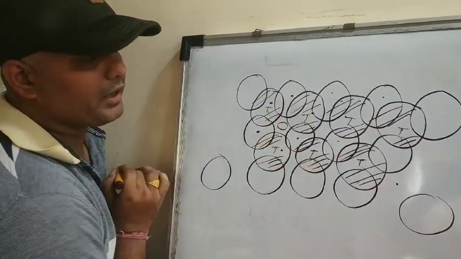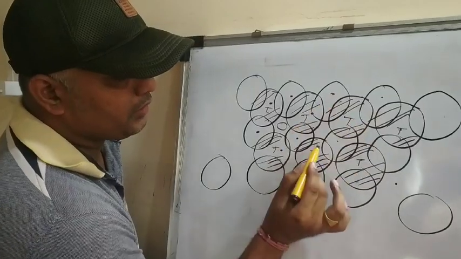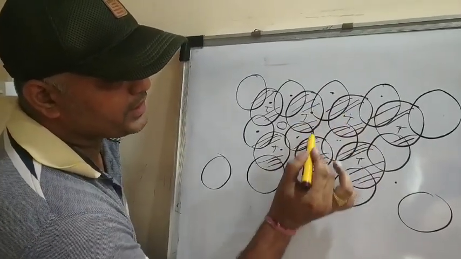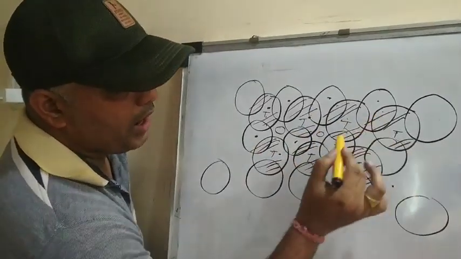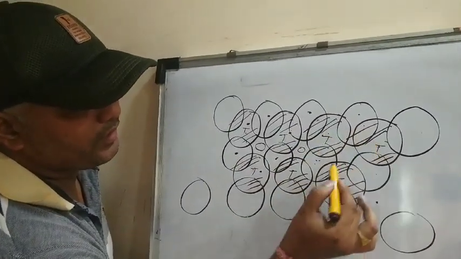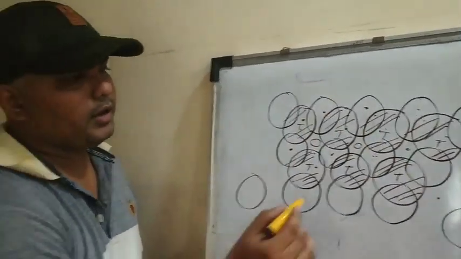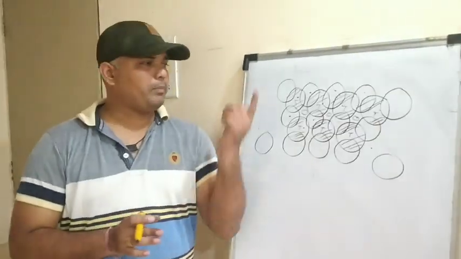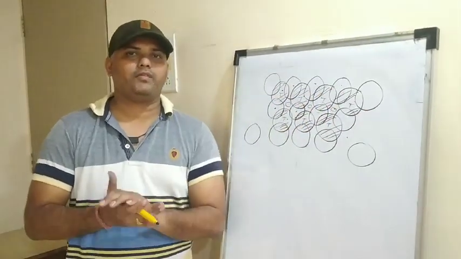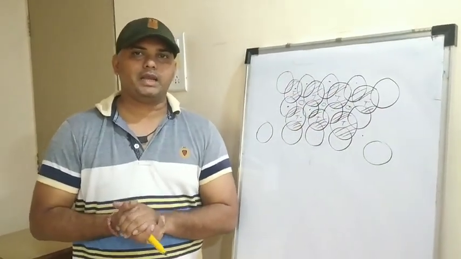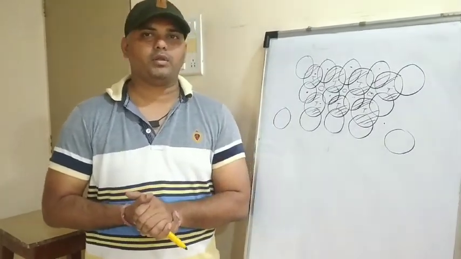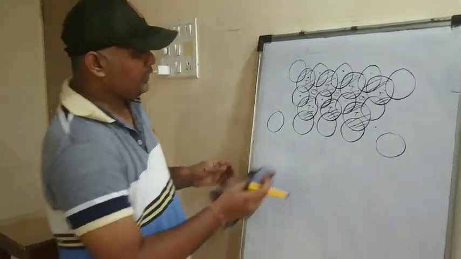So this becomes one octahedral void. Again 1, 2, 3, 4, 5, 6, octahedral void. So I hope that you have understood how to identify the types of voids in the particle arrangement, that is the octahedral void, the tetrahedral void and the trigonal void. Right?